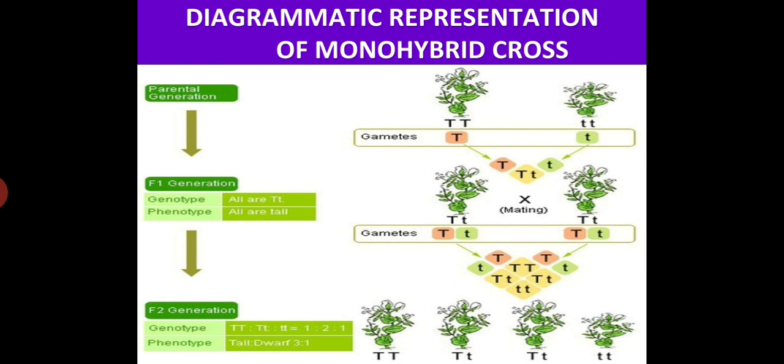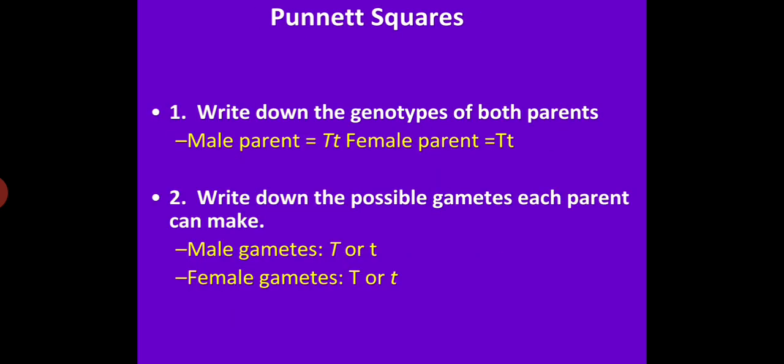Now he self-pollinated two F1 hybrids. He produced four different plants: one homozygous tall plant, two heterozygous tall plants, and one homozygous dwarf plant. In the F2 generation, the genotypic ratio is 1:2:1, while the phenotypic ratio is 3:1.